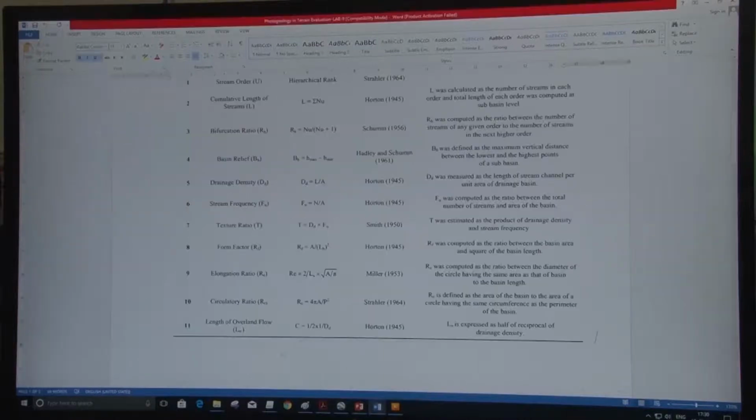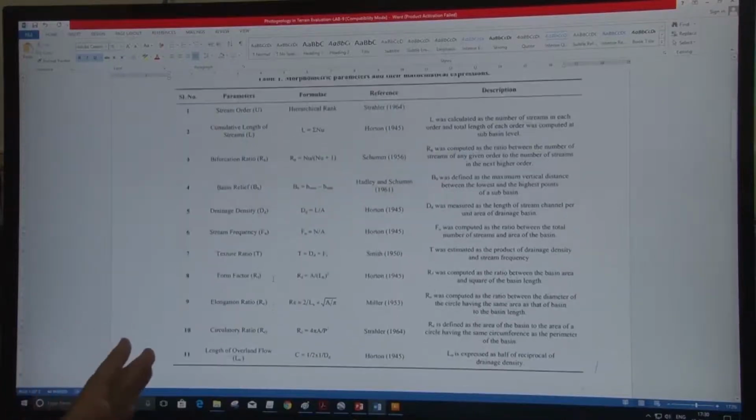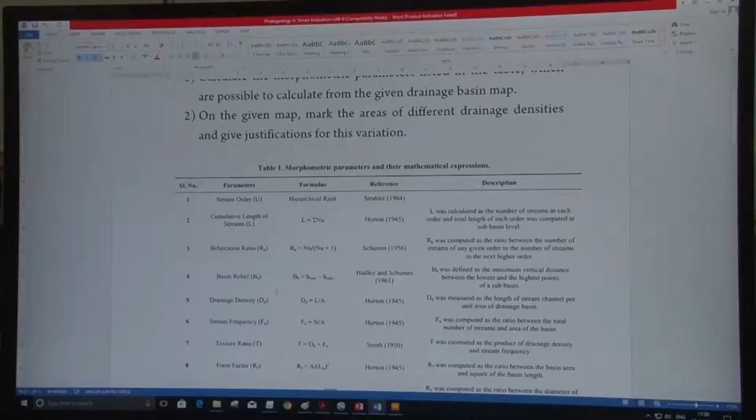Similarly, if you want, then you can calculate some other morphometric parameters from these formulas. Okay, so now we will move towards the Google Earth images.